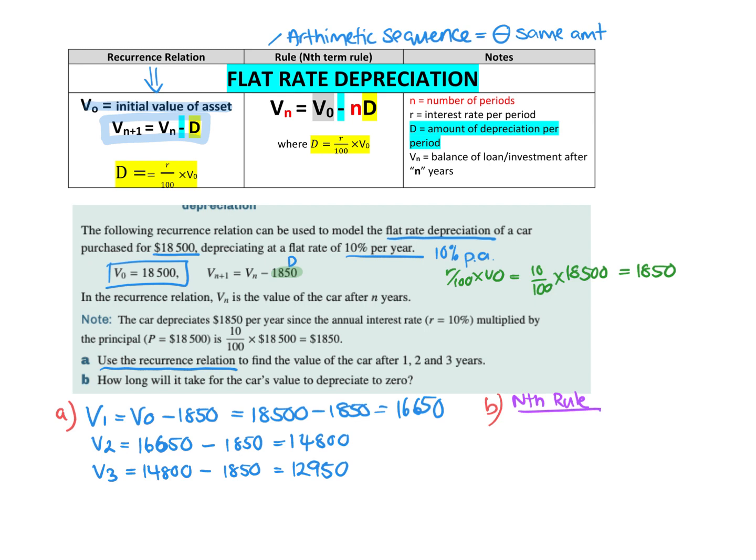And up here in the middle column is the formula for the nth rule. So if I wrote that rule out for this scenario, it says Vn equals V0, which in this scenario is 18,500, minus n times d, which was that 1850.